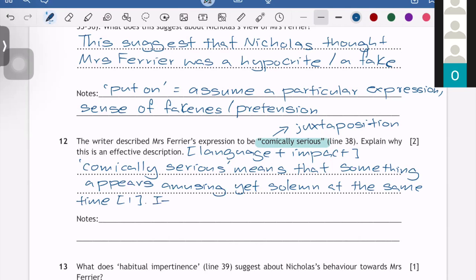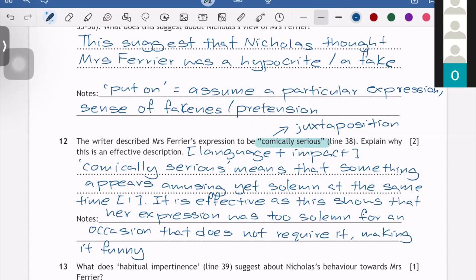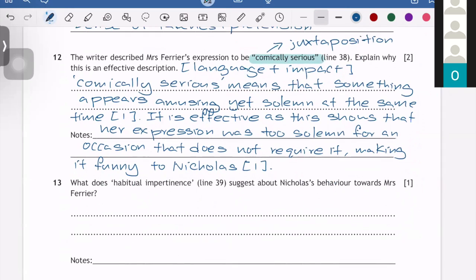And then explain the effectiveness. Explaining the impact, which is the effectiveness, is where you get your 2nd mark.